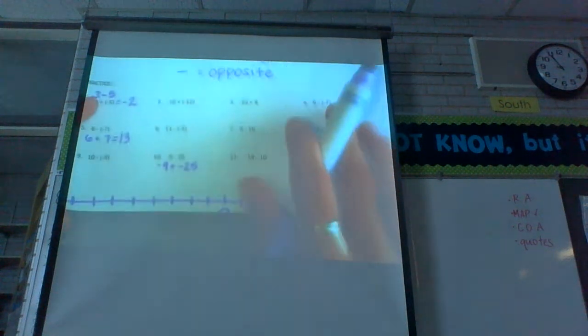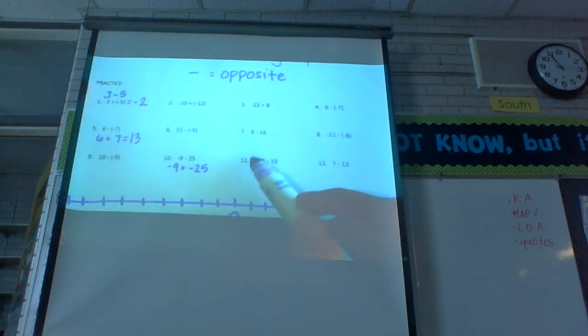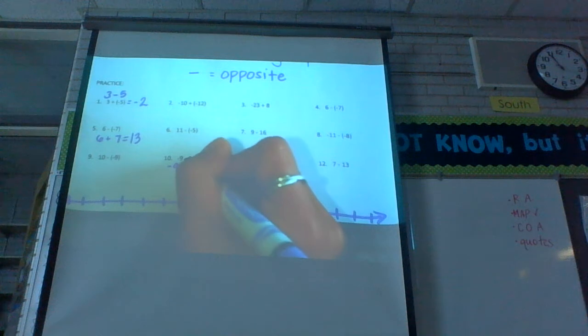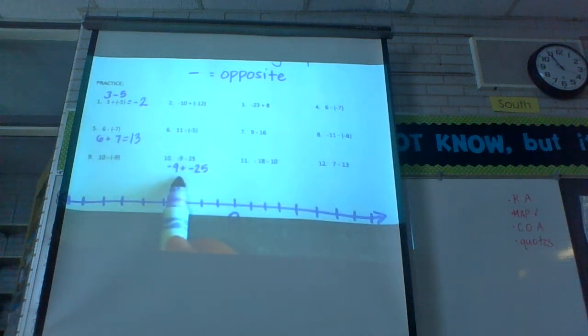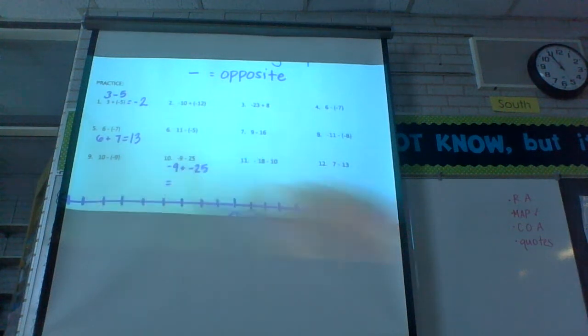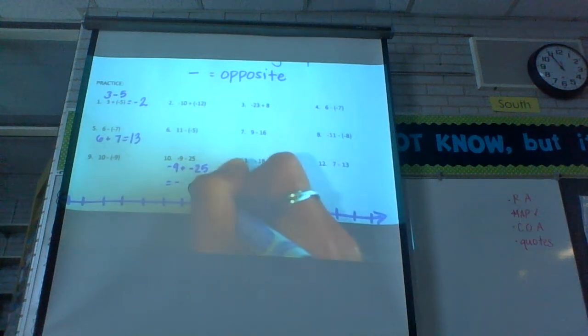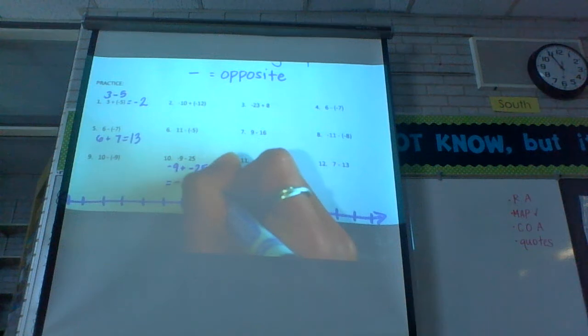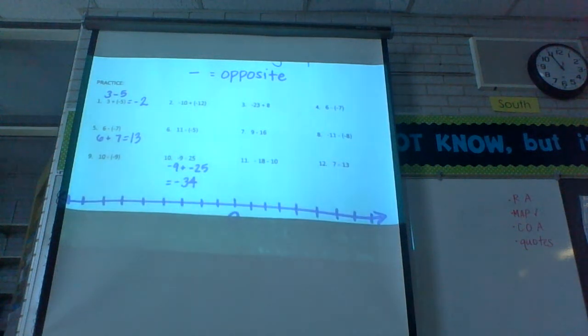So I can do the same thing down here. -9 minus 25 is like -9 plus a -25. Well, a negative plus more negatives is making me super negative, leaving me at -34.